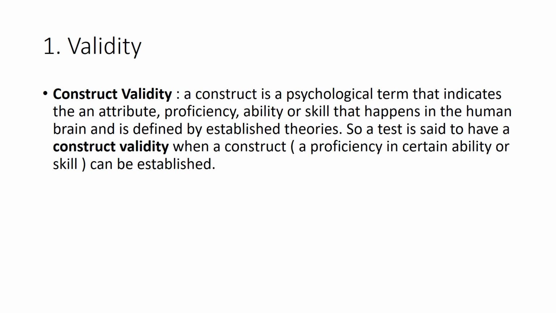So you are going to distribute the total score of the test on these 5 items or criteria. If you are going to do that, your test is going to have what?